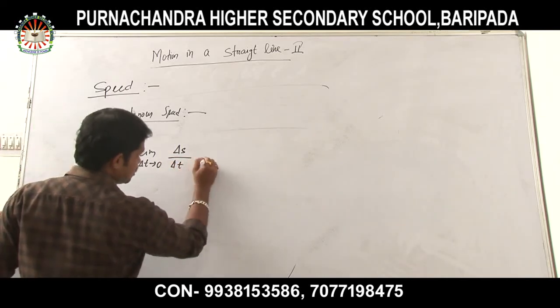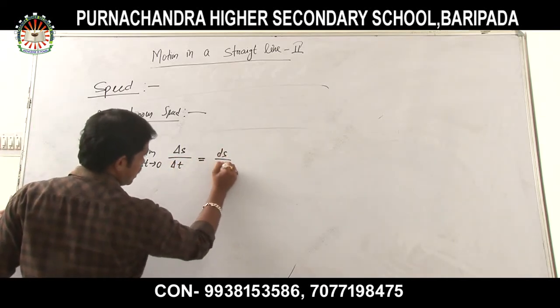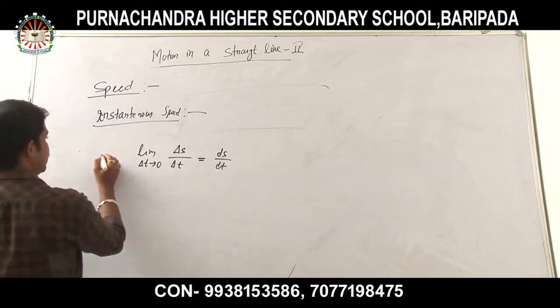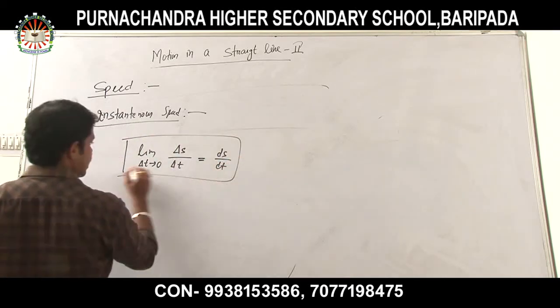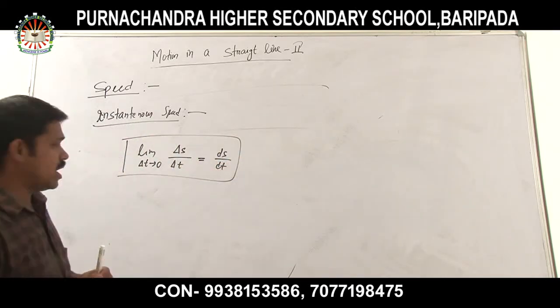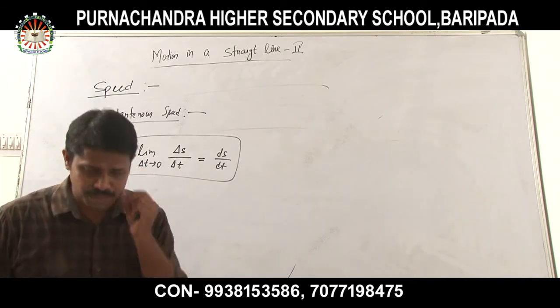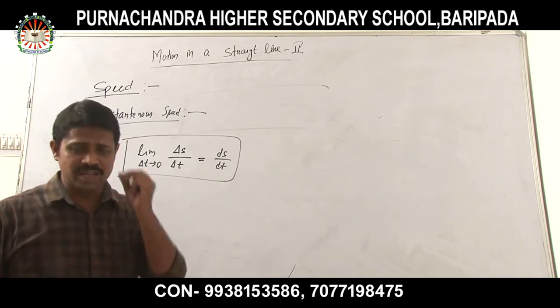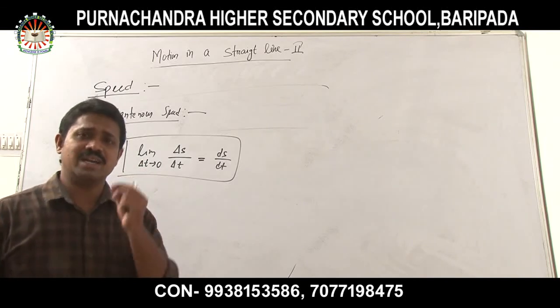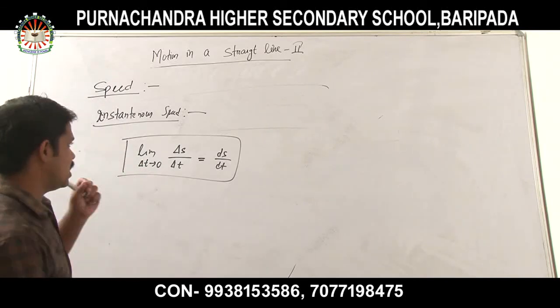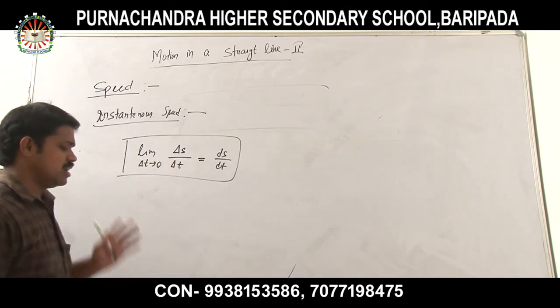So this gives me ds divided by dt. This is my instantaneous speed formula, ds by dt, which gives the speed of an object at a particular instant of time.